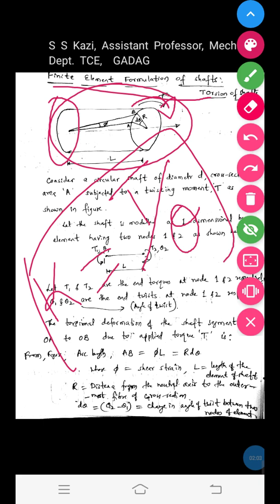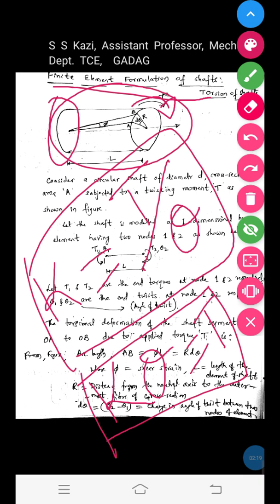This is nothing but torsional stiffness. By using this strength of materials equation for torsion of shaft, we deduce the equilibrium equation we are using, K into theta is equal to T. This equilibrium equation we use to determine the angle of twist at each node of the shaft element. K theta equals T.